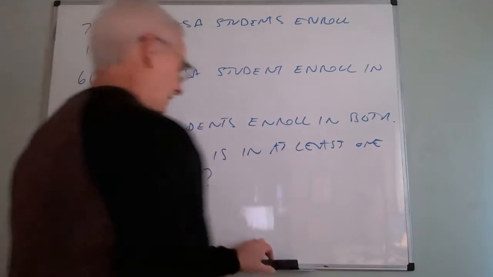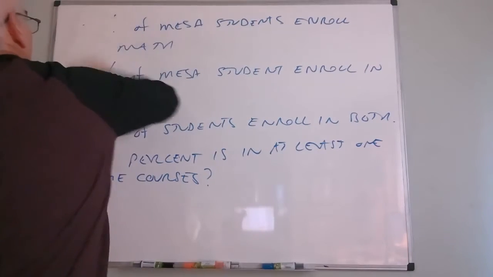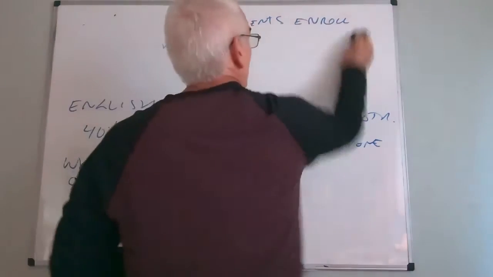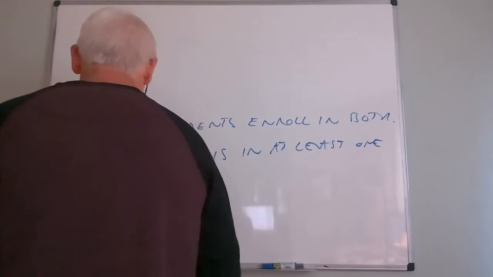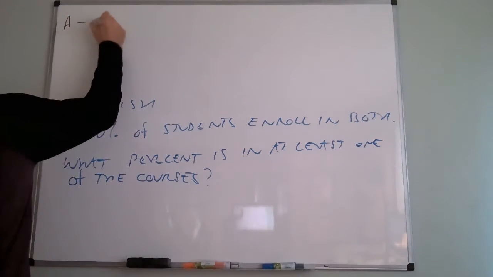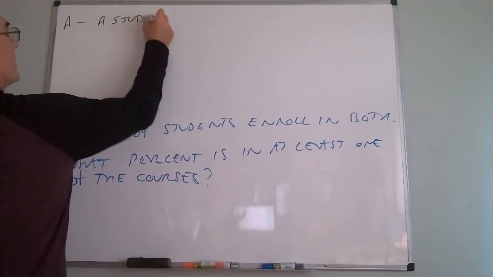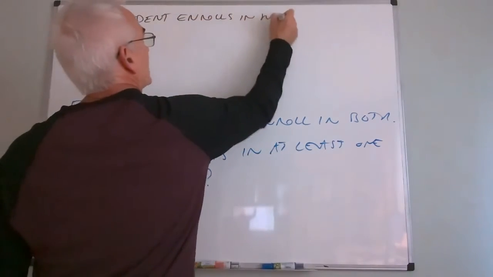Well, the simplest way, you've got the numbers now. Simplest way is with the Venn diagram. So let's do this as events. Let's say event A is a student enrolls in math.